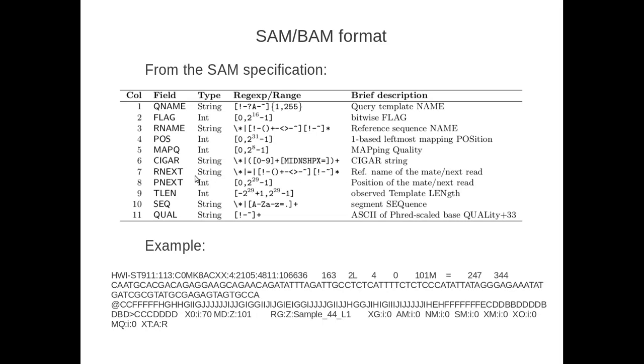So the RNEXT and PNEXT contain information that's found twice in the file. That is once here where it is not the focal read, and a second time where the chromosome that this read mapped to will be found in the RNAME position of the SAM file. So the point is we have redundant information here, and that information can get messed up.